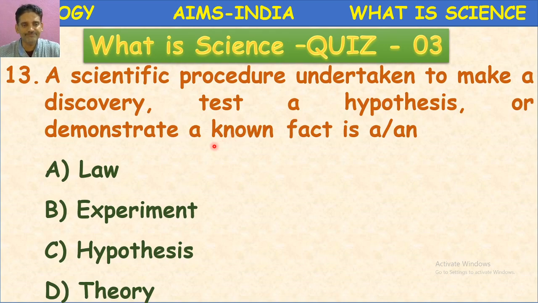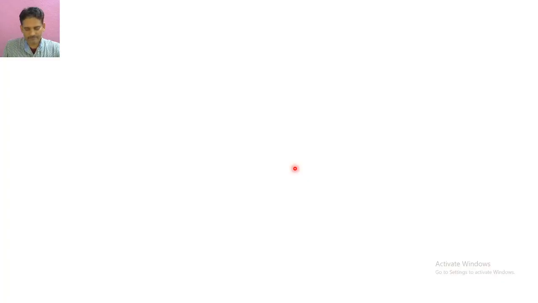What is it called, children? What we have studied all these days? Experiment. B. In order to perform an experiment, first observation, then hypothesis. Then you have to follow the procedure, then get the results, then conclusion or inference. Next.